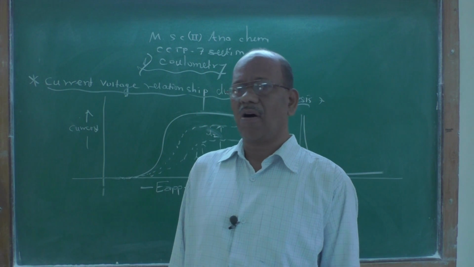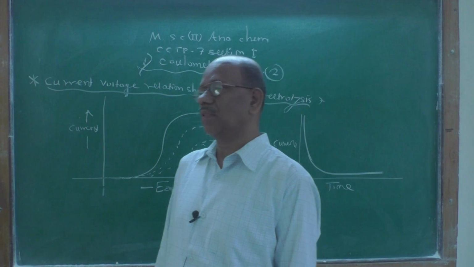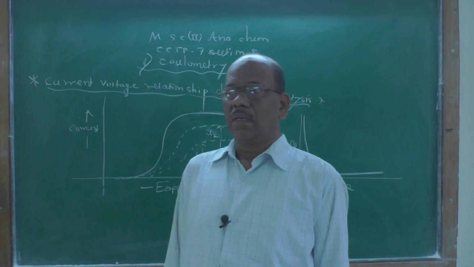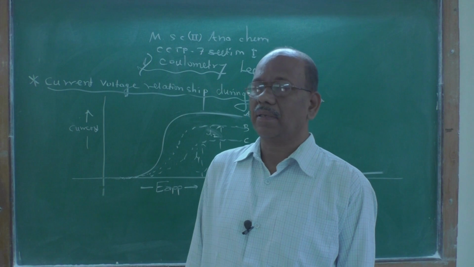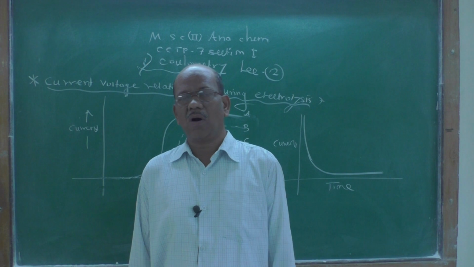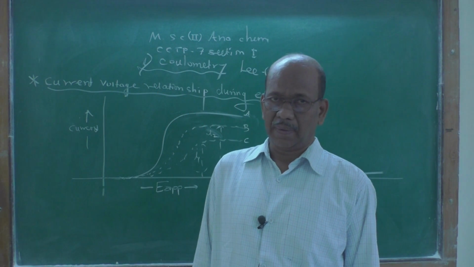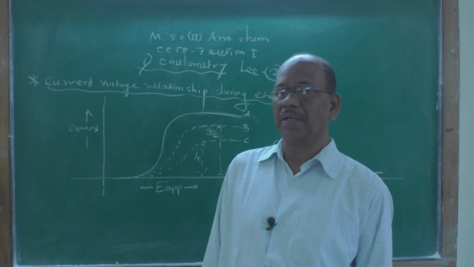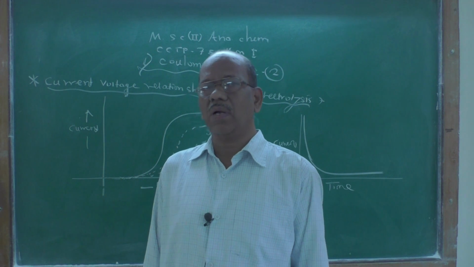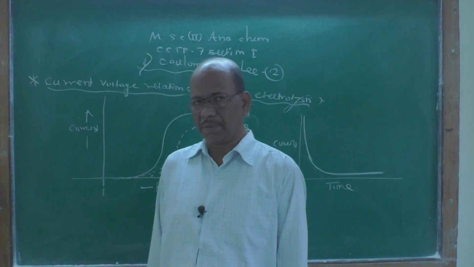Next, the second law of Faraday. Faraday's second law is that the chemical equivalent of a substance is directly proportional to the atomic weight or the molecular weight of that particular electrolyte. For example, if it is zinc, then the chemical equivalent of zinc is proportional to the atomic weight of zinc.